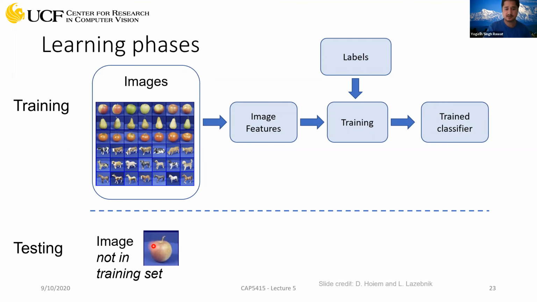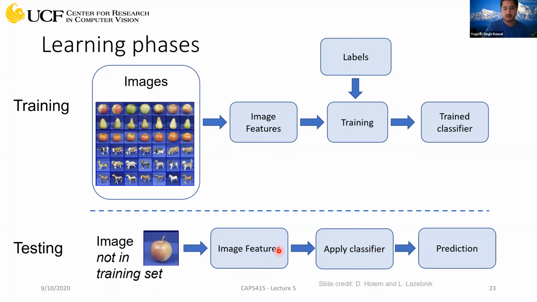So these will be unseen images. Then again, you will use the same method which you used for feature extraction in the training phase in the testing phase as well. And then you will have this trained classifier. You will pass those extracted features to the trained classifier, and the classifier will make some prediction. So that's the general idea of how you train your network and use that for prediction during test time.